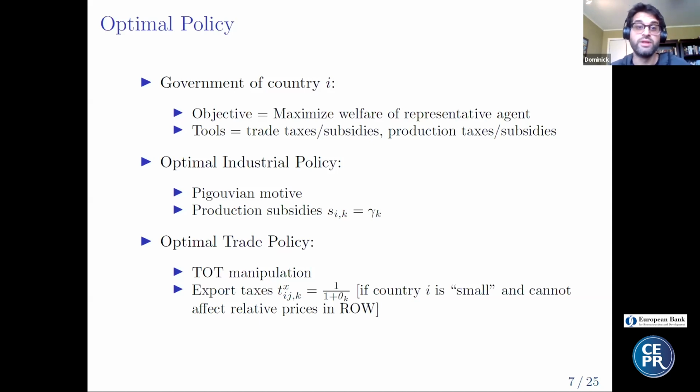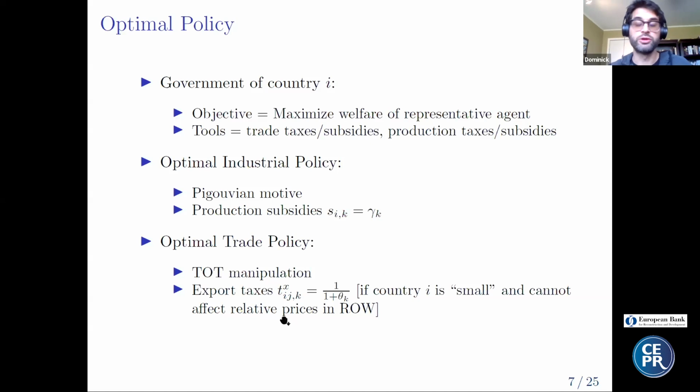And in this environment, the optimal industrial policy is extremely simple. It's completely characterized by the Pigouvian motive to internalize externalities, and it's simply given by production subsidies S equal to gamma_K. That is the elasticity of productivity with respect to sector size.